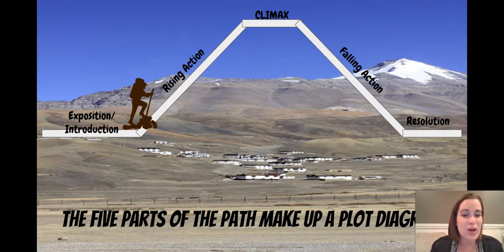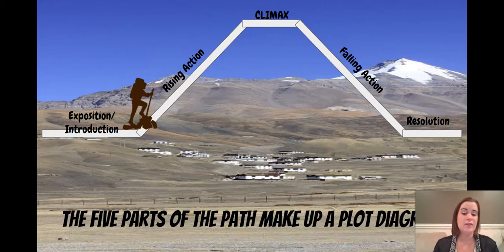All right, so last week we talked about elements of the story, which is setting, characters, and plot, which consists of the problem and solution. But today we're going to dig into the plot a little bit more and talk about a story plot, the plot mountain.